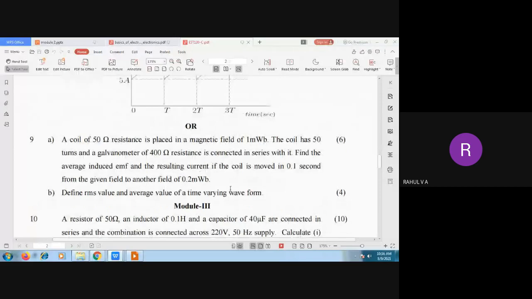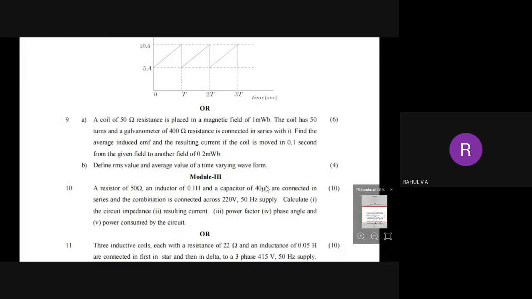They are asking us, there is a coil with a resistance of 50 ohm, and it is placed in a magnetic field of 1 milliweber.